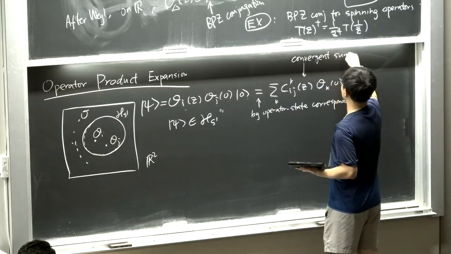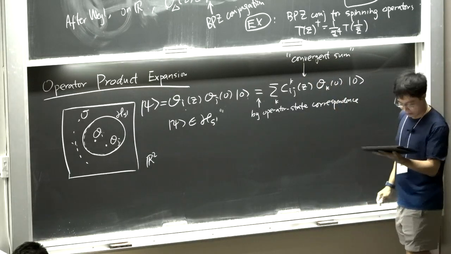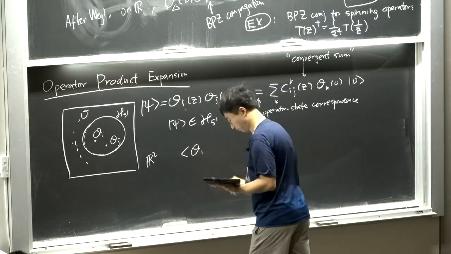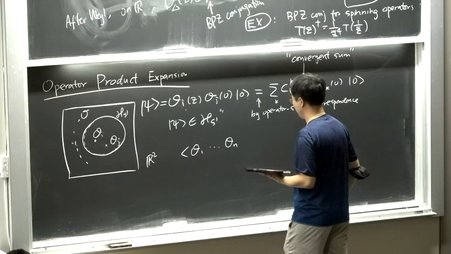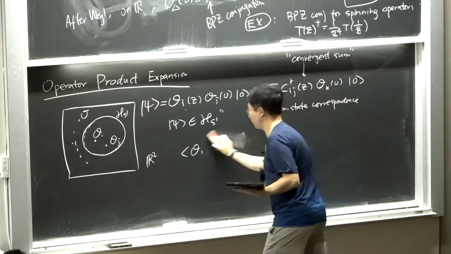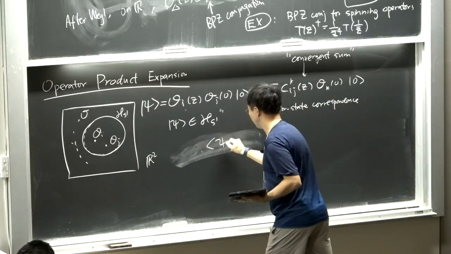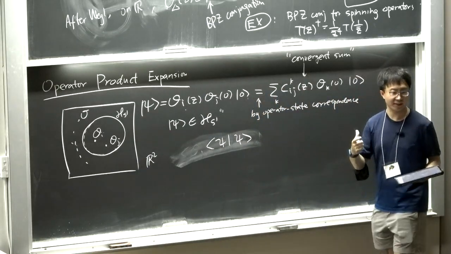It's a convergent sum in the sense that I'll define now, in any correlation functions. You can see it just from the following fact, by taking the inner product of the state psi and its Hermitian conjugate.